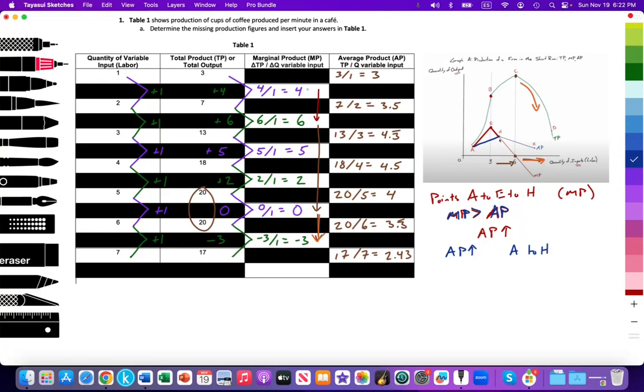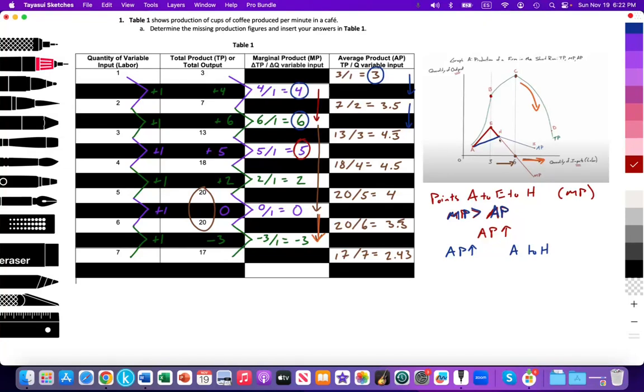So here we can see that the marginal product is greater than the average. So it's going to pull the average upward. And then we get to the second to third worker. We see that the marginal product is greater than the average. So again, it pulls the average upward. Then we see that the marginal product curve is less than the average product.